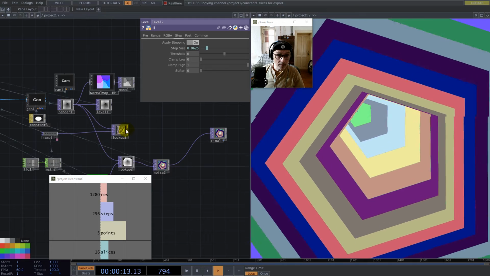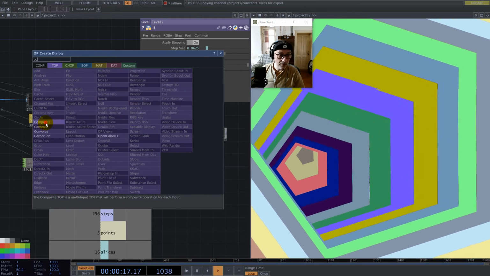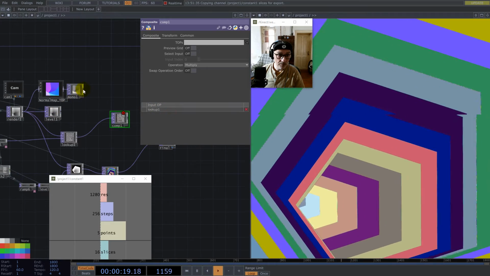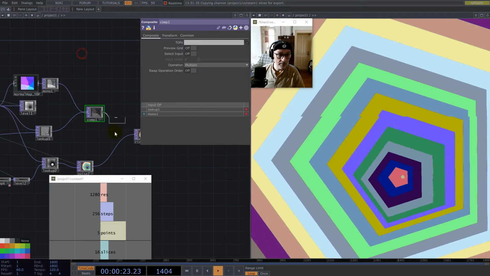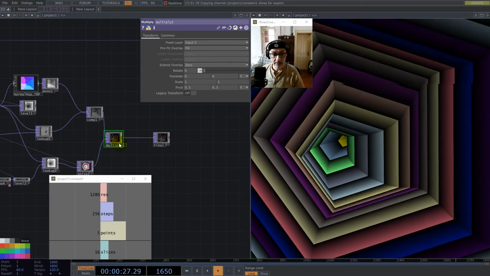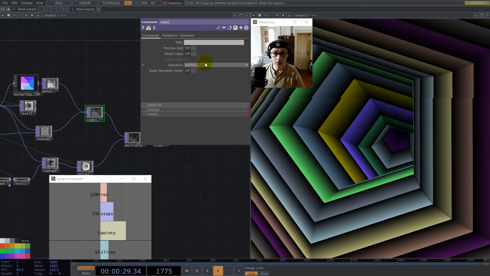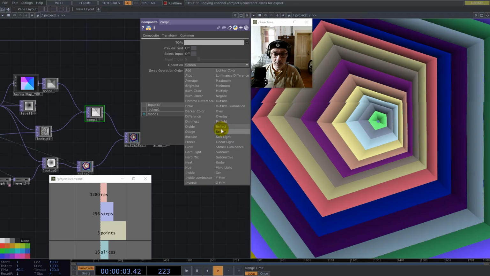So yeah, now let's multiply, maybe composite those two, and now I multiply them with my colors. And this is maybe too dark. You can always play with this composite.